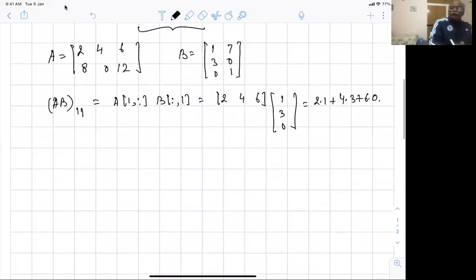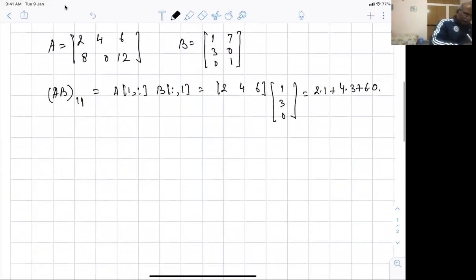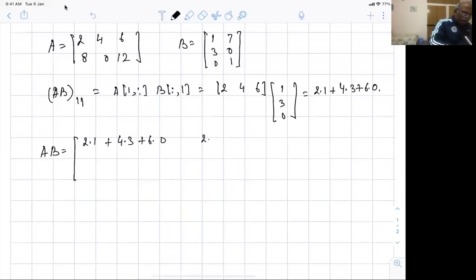So this way you can compute every entry. Let's write AB. A times B is going to look like this: the first entry, we've already seen it, 2 into 1 plus 4 into 3 plus 6 into 0. The second entry is going to be 2 into 7 plus 4 into 0 plus 6 into 1.